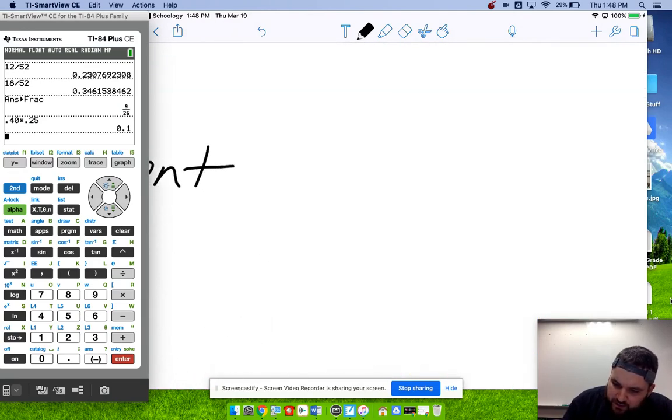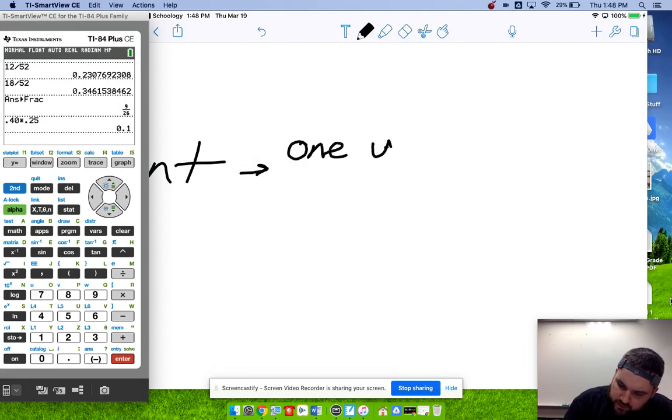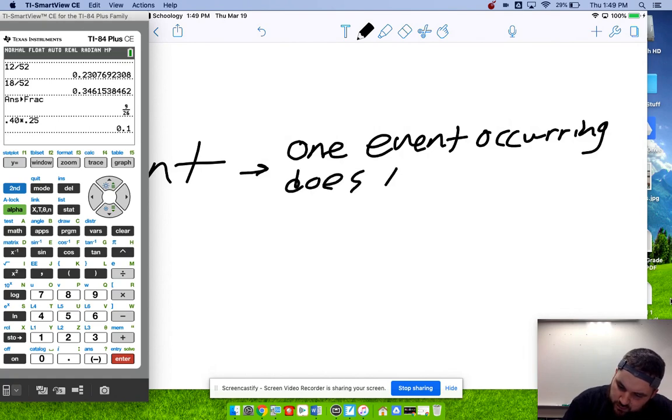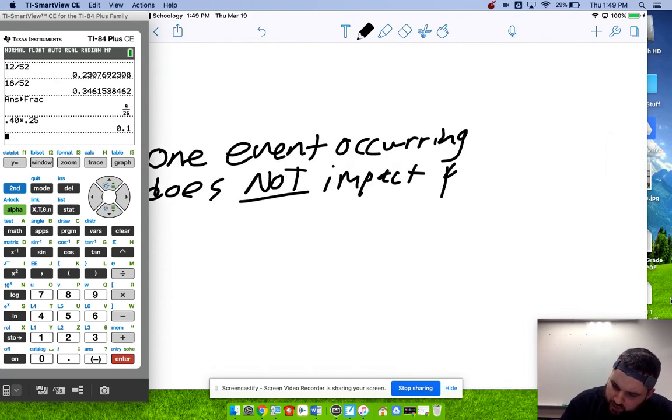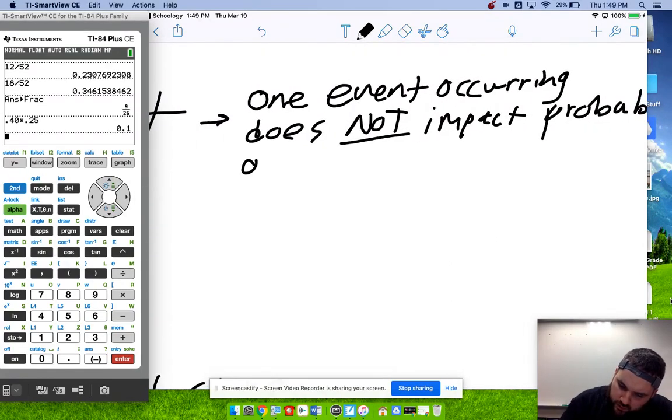Independent means one event occurring does not impact the probability of another event occurring.